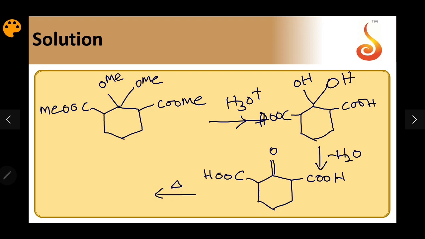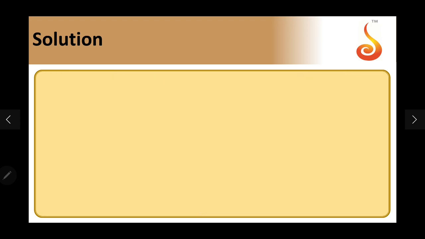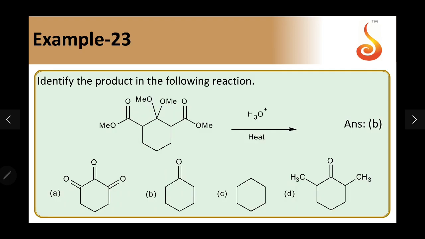So the carboxylic acid groups have a beta keto group. So alpha, beta, alpha and beta. So both the carboxylic acid groups get decarboxylated and form only cyclohexanone. That is the end product. So we'll go to the options. Option B.